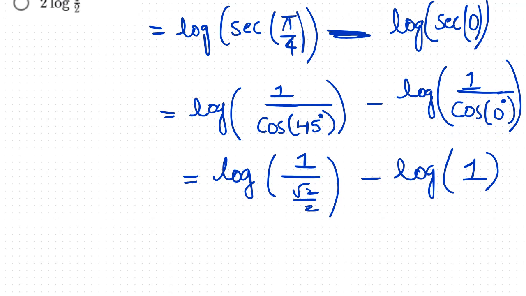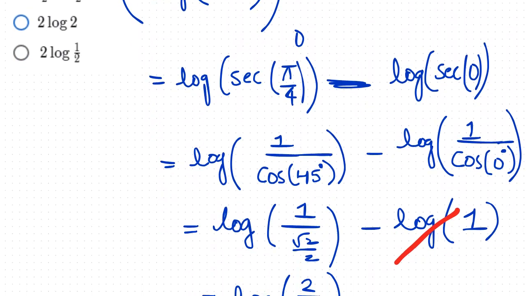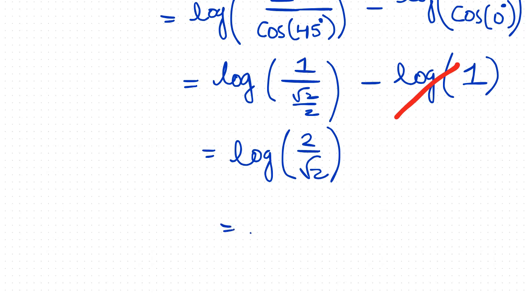Log 1, logarithm of 1. In the logarithms chapter, log 1 is actually 0. Its value is 0. So log of 2 upon root 2, right? So 2 upon root 2 means root 2.